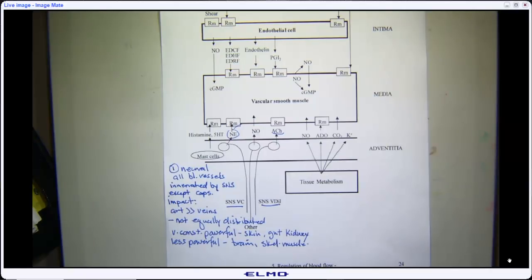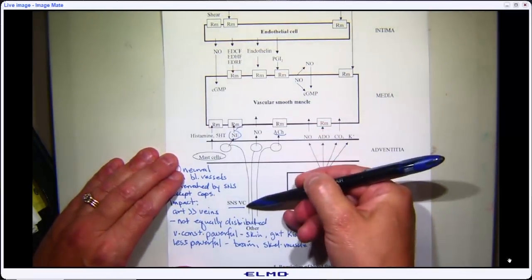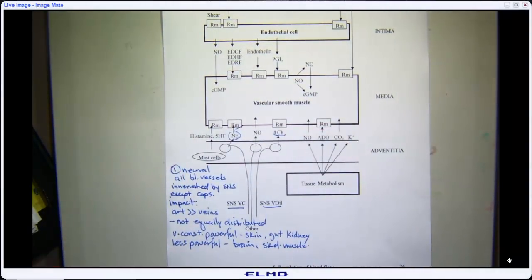So this seems to be a weird, odd branch of the sympathetic nervous system into a piece of tissue itself. This is our rule, SNS vasoconstriction, and this is something breaking the rule. You just have to be comfortable with, yep, 90% of the time that rule is going to hold, and 10% of the time something's going to break that rule.